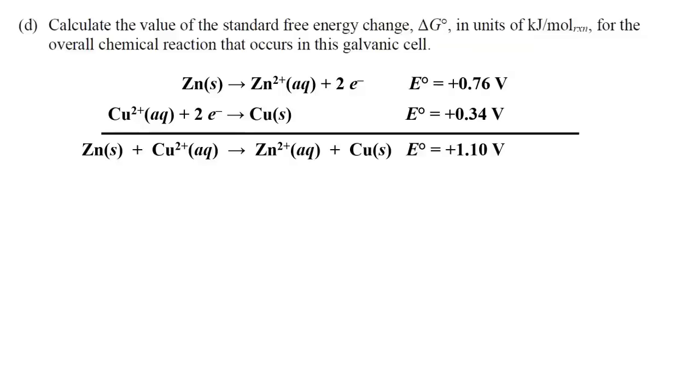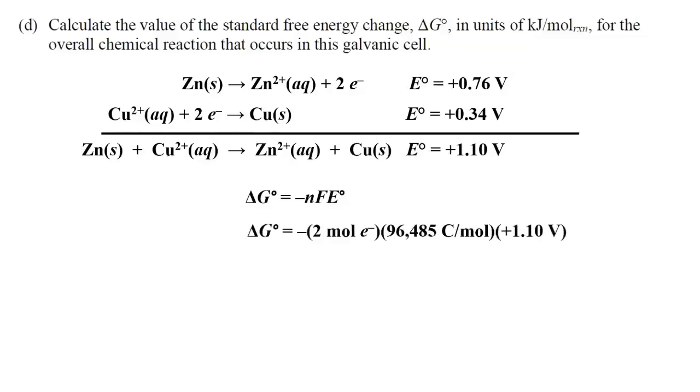So for our calculation in part D, we're going to use this equation from the equation sheet that relates the delta G to the cell potential, and n represents the total number of moles of electrons that are transferred in this overall redox equation.